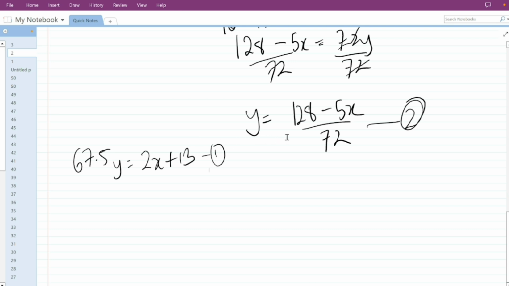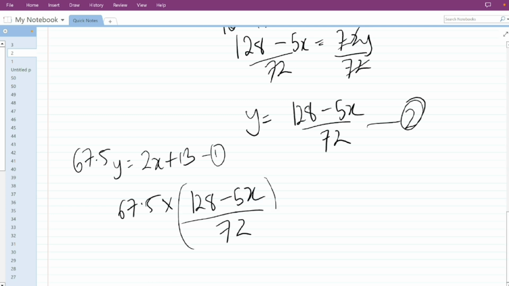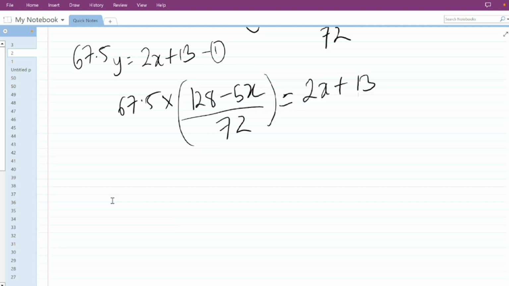Since we know the value of y in equation 2 is this, we substitute it into this. We have 67.5 times the value of y, which is 128 minus 5x over 72, equals 2x plus 13. We can say this is over 1.